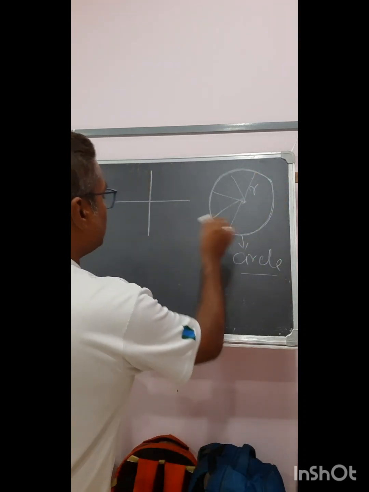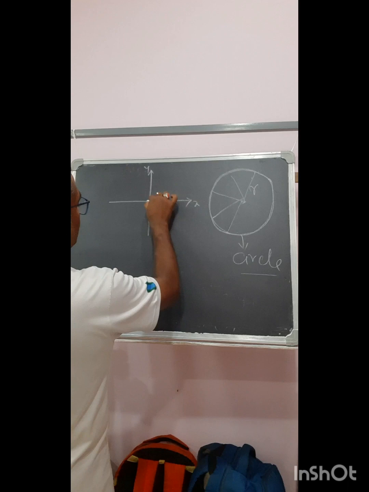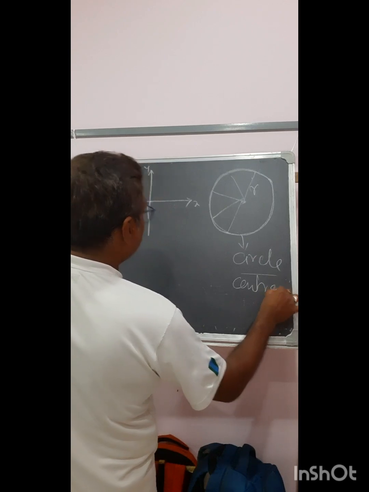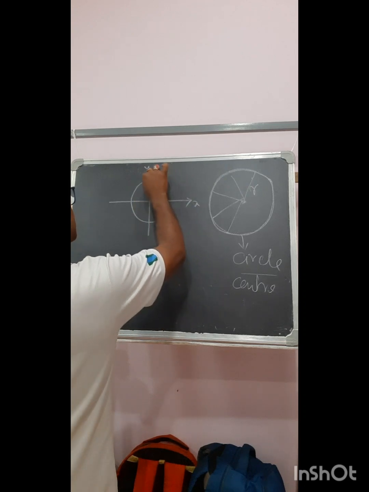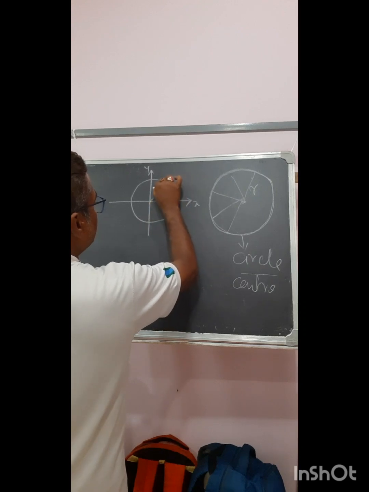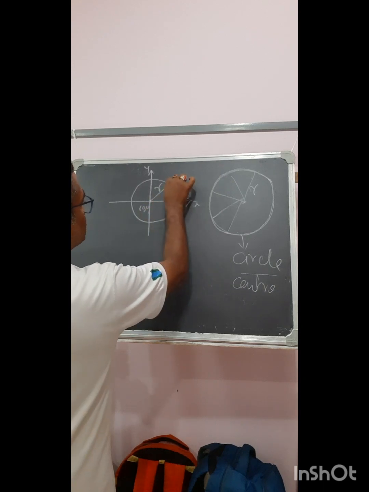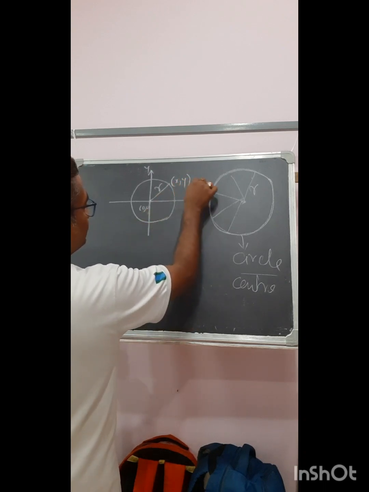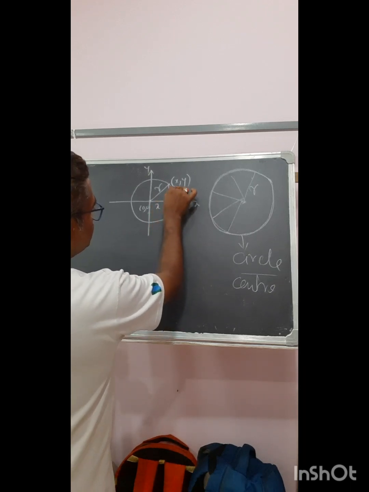Okay, so on that concept, if it is the xy plane and the origin is the fixed point, that means the center of the circle, and a point is moving such a way that it keeps the same distance from that origin, it will also be a circle. So if I take this as the radius, this as the center 0,0, and this a point on the circle denoted by the coordinates x and y, and I drop a perpendicular, this would be a right angle triangle, and this part is x, this part is y.